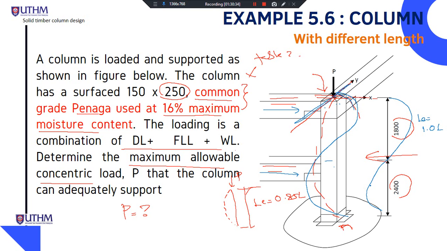And meanwhile, at the ground floor column, the bottom column, we know that this end position is fixed, restrained in both direction and position. Here is pin. Thus this LE is equal to 0.85 L, similar to this at the x direction.